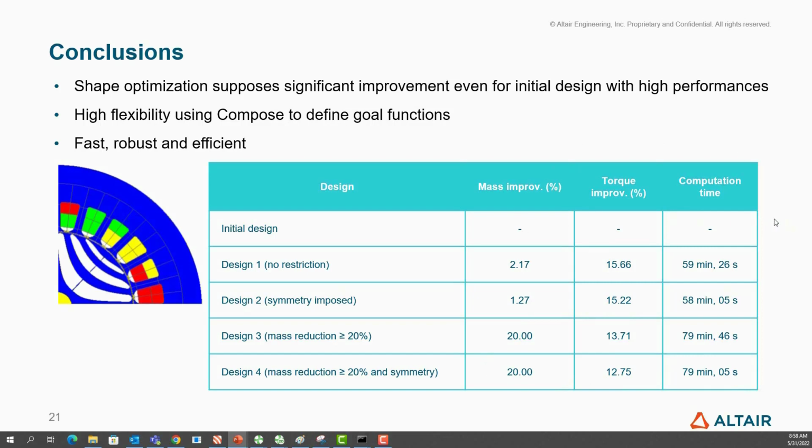With the predefined functions, you can directly use the quantities that are computed by Flux. But if you want a complex function, you can use those quantities computed by Flux as inputs, and then build a compose function to define your goal functions or the constraints. Overall, shape optimization is a fast, robust, and efficient tool.